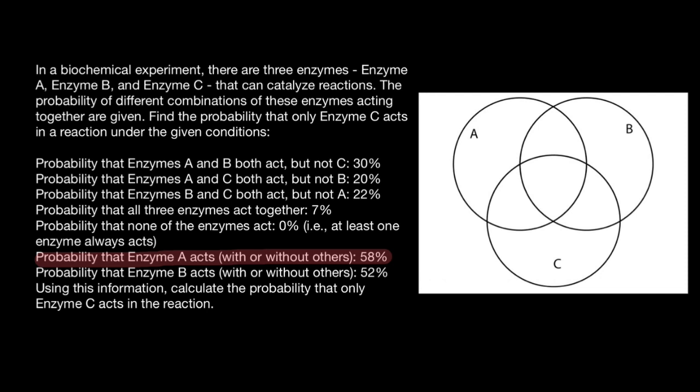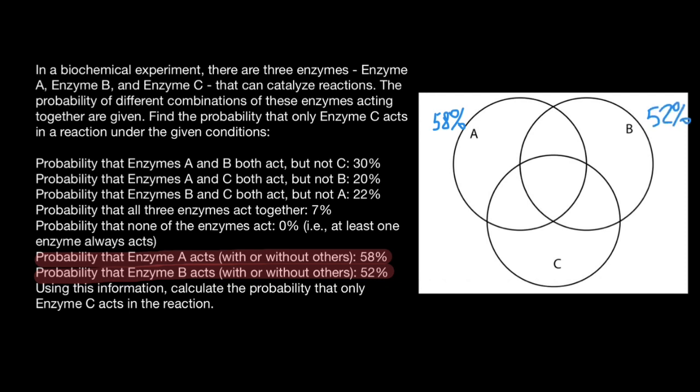So let's put this 58 here. I do not put it inside this circle, and you will find later why. Next, probability that the enzyme B acts with or without others, 52%. So let's put 52% here.